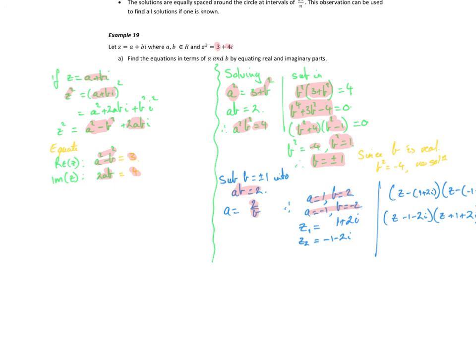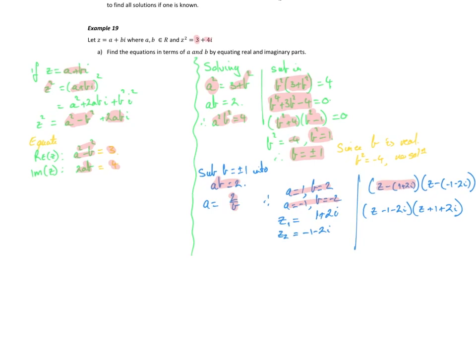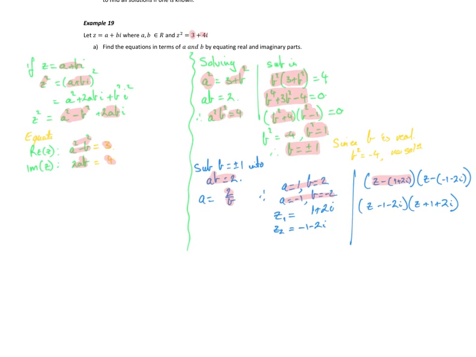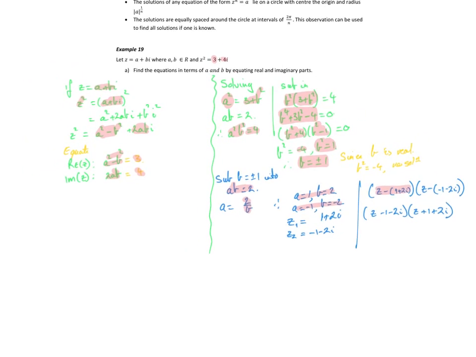I think the final part said we then had to write it in factored form. So just be careful with taking your negative sign out, to get it into the proper factored form.